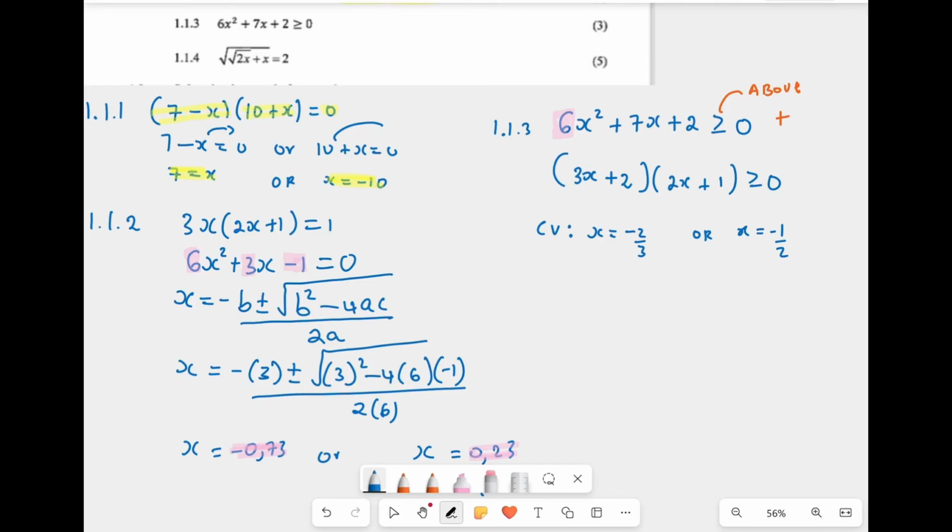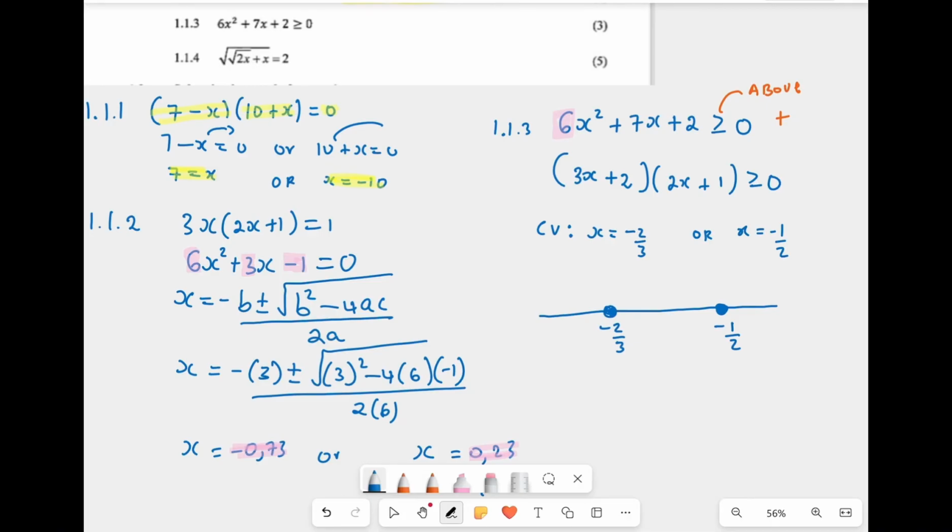Now, we can draw, or let me use a number line, because on the first one, I used a parabola. So if you use a number line, here you write your critical values, starting with the smaller one. So it will be minus 2 over 3, and then minus 1 over 2.